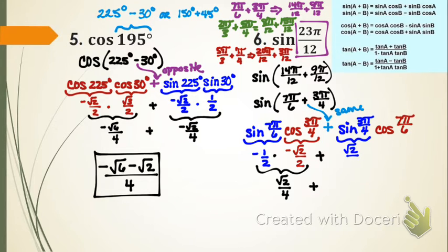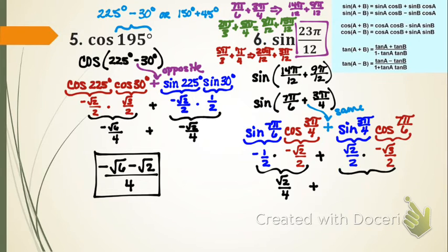Square root of 2 over 2 times the cosine of 7 pi over 6, square root of 3 over 2. Positive or negative? Negative. It's in the third quadrant, so it's going to be negative.